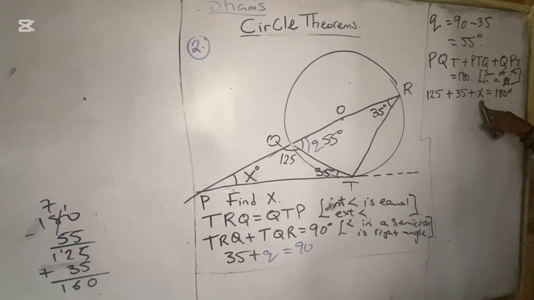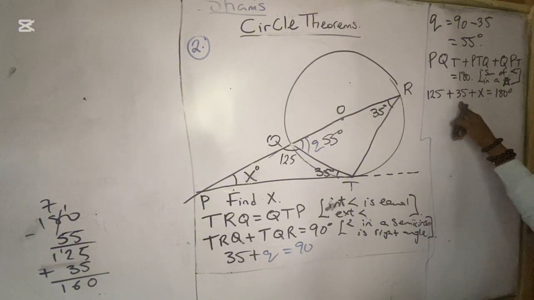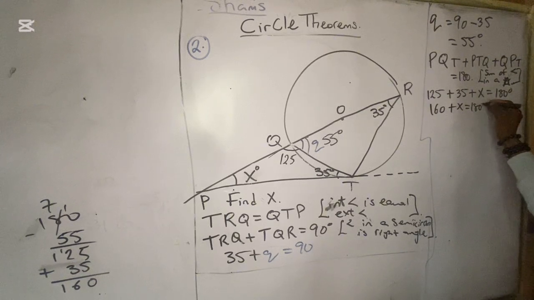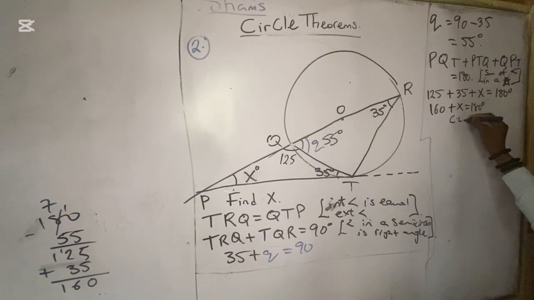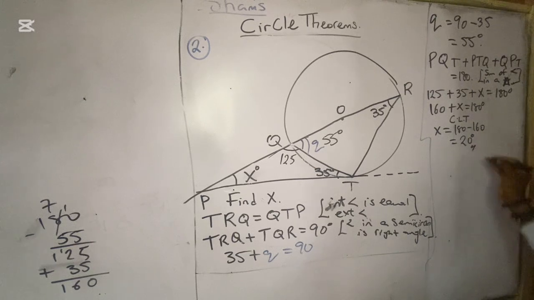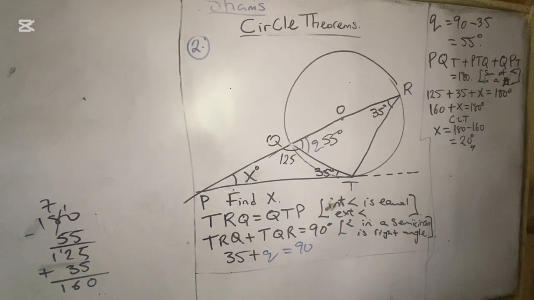And that's what we have to find. You're almost done. This will give me 160, so 160 plus X equals 180 degrees. By collecting like terms, X equals 180 minus 160, and that's 20 degrees, which means the value of X in this place is 20 degrees.